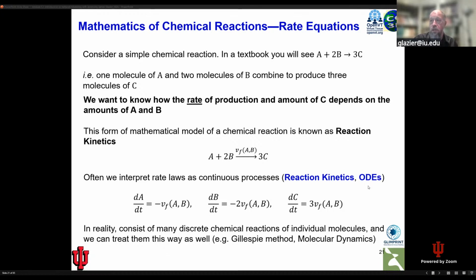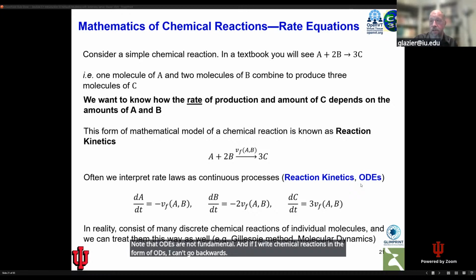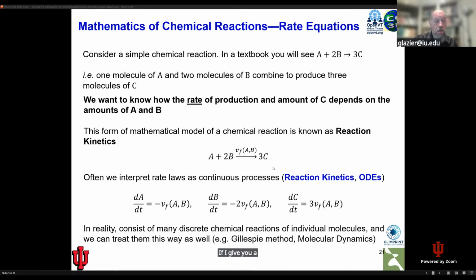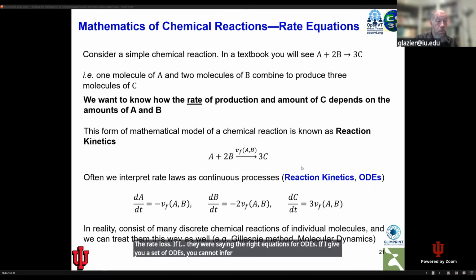Note that ODEs are not fundamental, and if I write chemical reactions in the form of ODEs, I can't go backwards. If I give you a diagram of this kind, you can always uniquely write the rate laws, the rate equations for ODEs. If I give you a set of ODEs, you cannot infer what the reactions were in general.